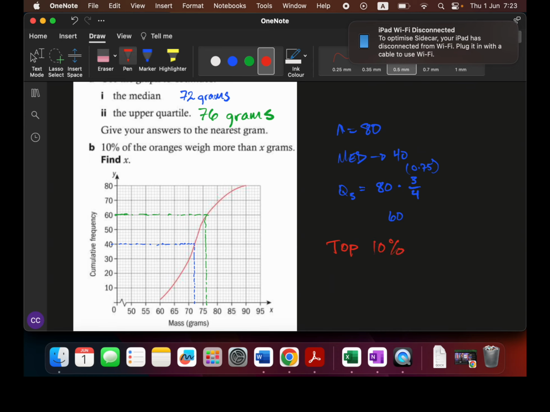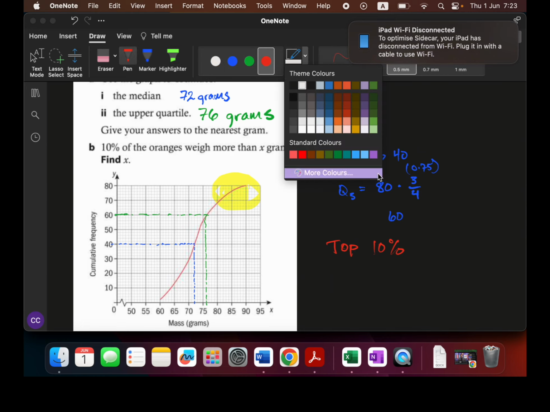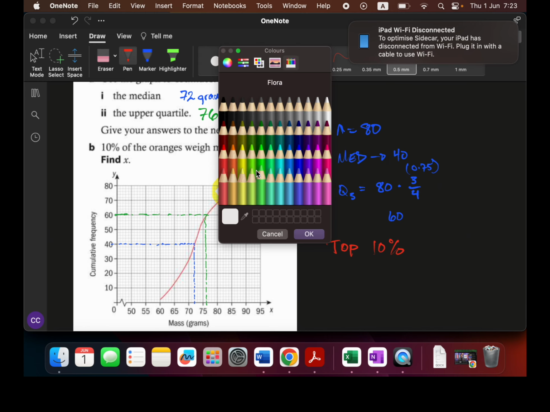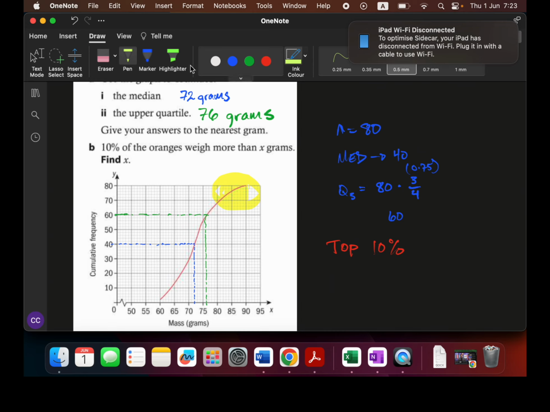The top 10% is going to be somewhere in this range here, because those are the heaviest oranges. So what I'm looking to do now is find what the top 10% is.